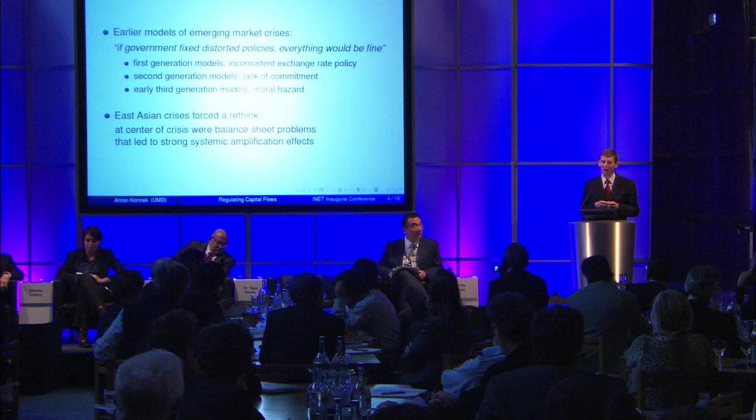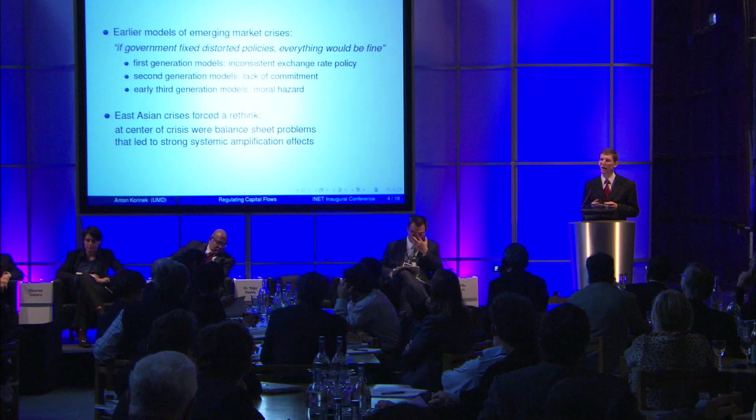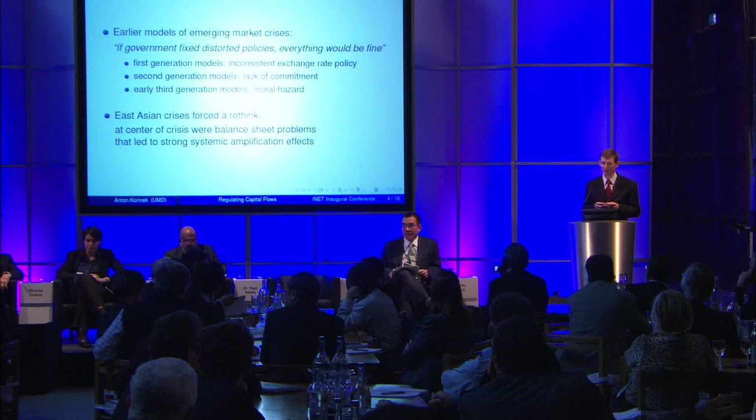So if we go through a brief history of financial crisis models in emerging market economies, what we find is that earlier generations of crisis models, like the first generation models of Krugman, Flood, and Garber, the second generation models of Obstfeld, or third generation models in the beginning, all essentially lay the blame for financial crisis at distorted government policies.